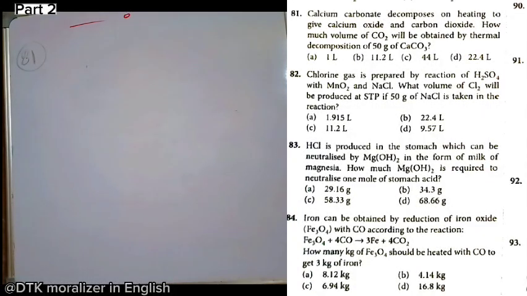Now question number 81. Calcium carbonate decomposes on heating to give calcium oxide and carbon dioxide. How much volume of CO2 will be obtained by thermal decomposition of 50 grams of calcium carbonate?